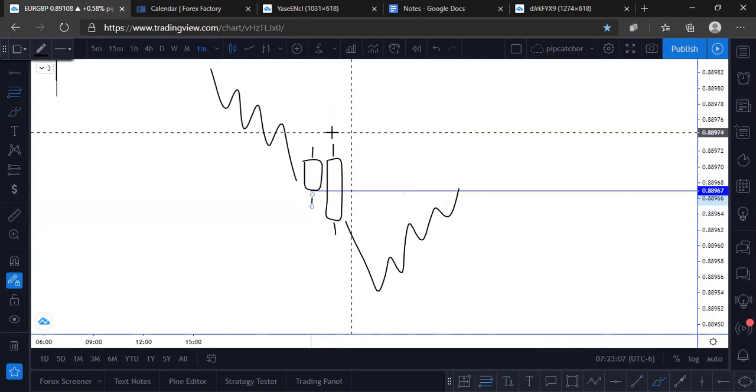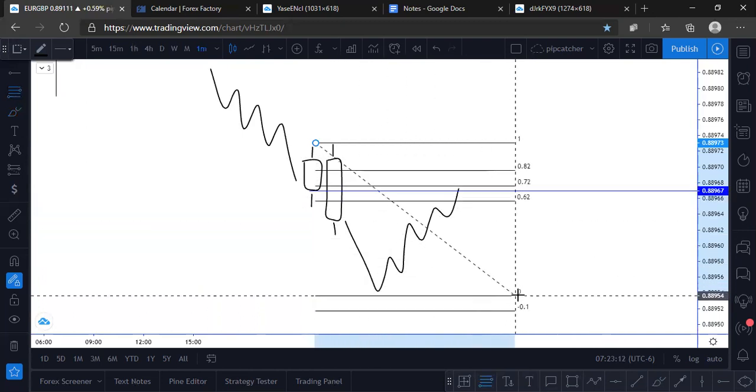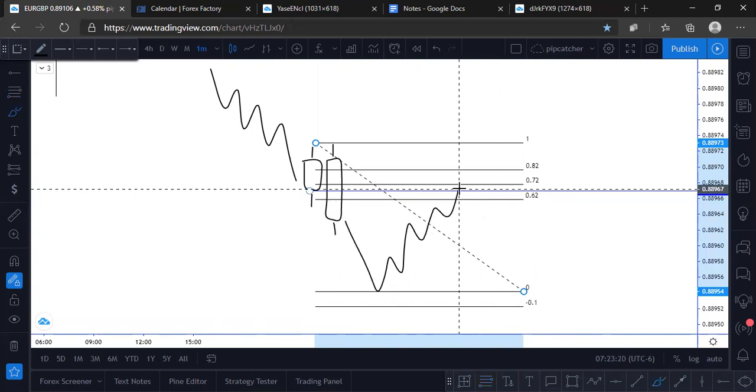So say we have a retracement from this high down to this low, right? And you can see in that area, it lined up between that 72 and 62 fib area.